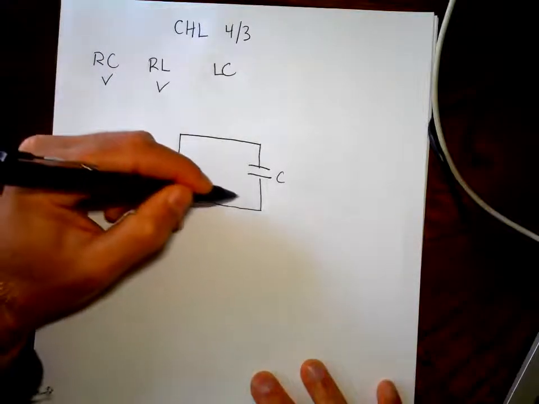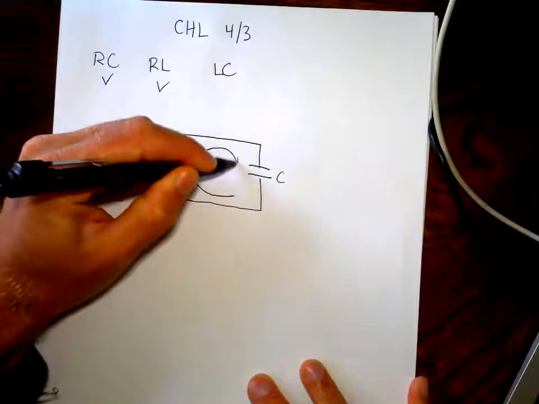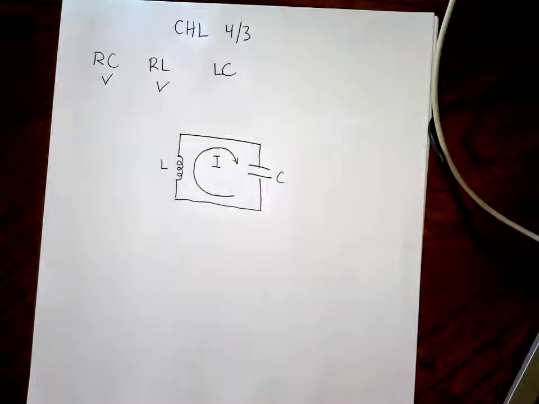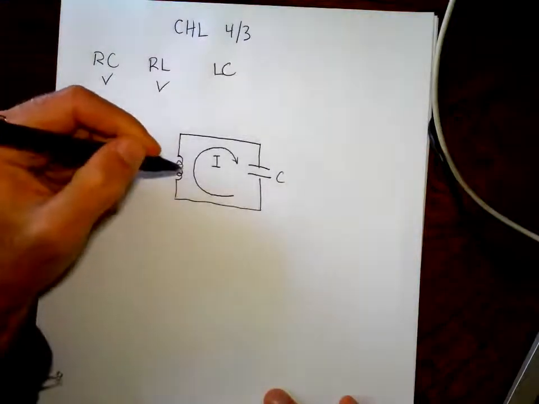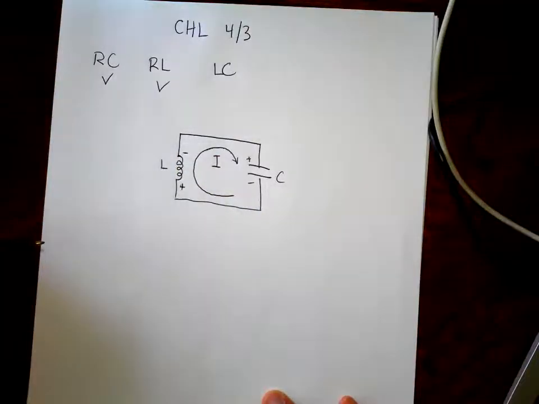I'm going to define a current as flowing through the circuit, so I'll call that I. And once I define my current, then I can define the positive side of each element. So here's the positive.